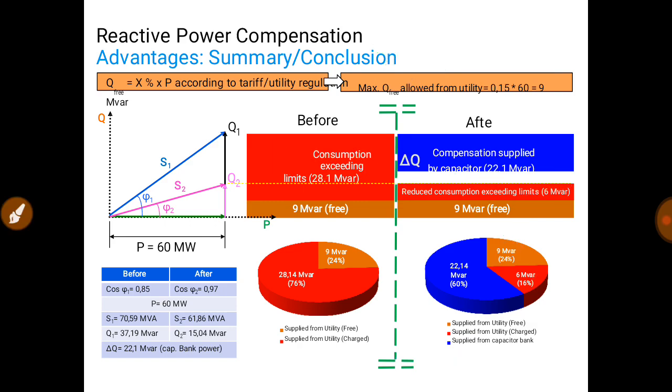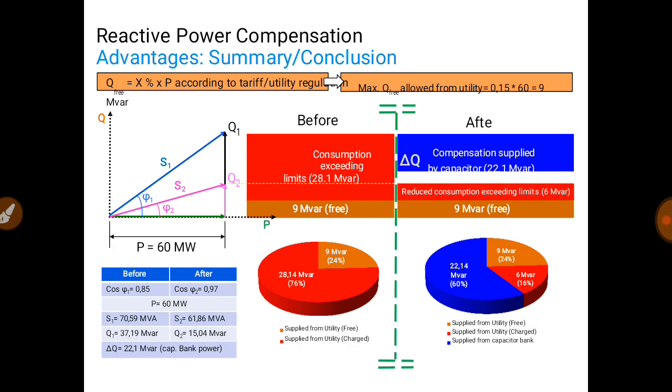Here it is given before compensation. S1 is found to be 70.59 megavolt ampere, and S2 equal to 61.86 megavolt ampere.